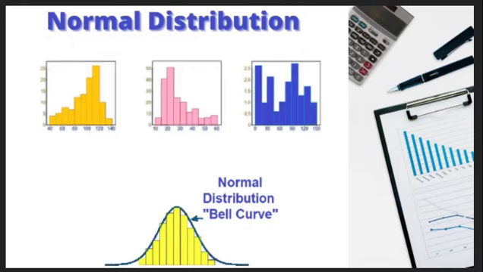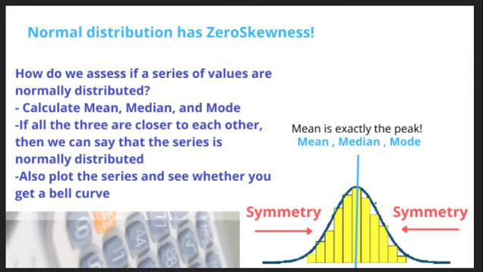For the first property, the mean, median, and mode: in a normal distribution, the mean, median, and mode are almost the same. The second property is symmetry about the center. What symmetry means is that on your left hand side and on the right hand side, there is an equal number of the population.